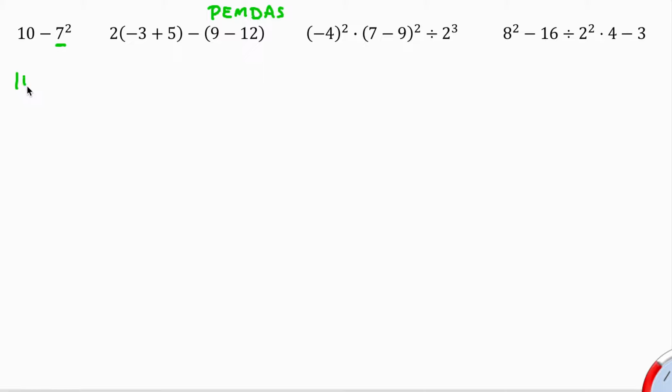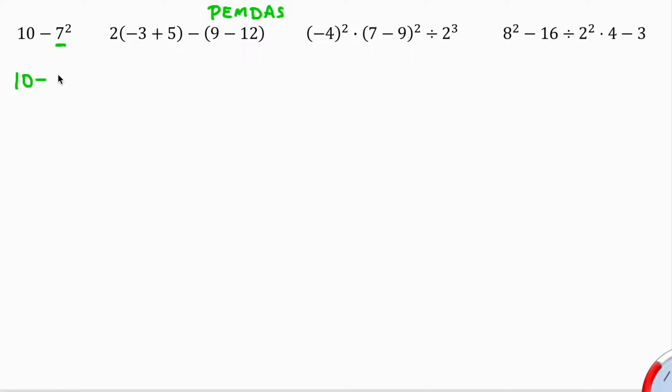Now, that negative has nothing to do with that exponent. If it did, it would be in parentheses like this, which means that negative also gets the exponent. But the way it's written, the exponent only goes on the single thing it is written on.